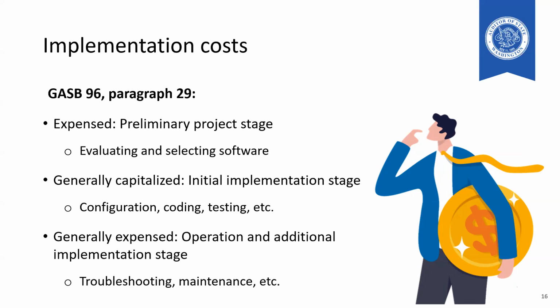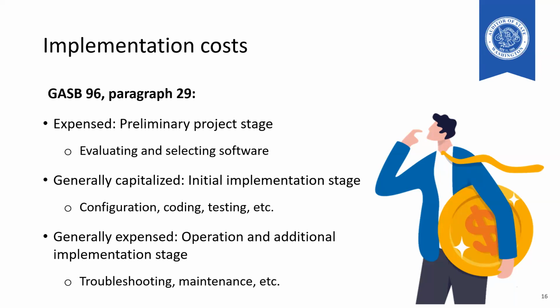After you pick the software, you move into the initial implementation stage. And this includes activities related to implementing the software that you chose, such as configuration, coding, testing, and installation. And this stage ends when the software is placed into service.